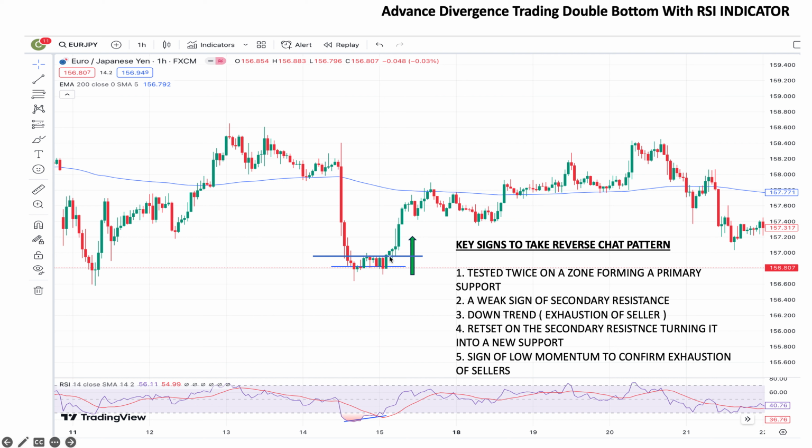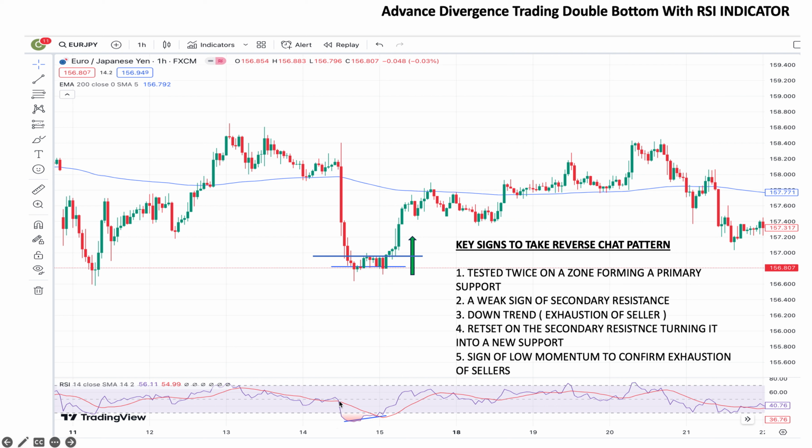And fourthly, you have to look at the retest on the secondary resistance, turning it into a new support. So you can see the price falls on the previous resistance, turning it into a new support. And on the fifth sign, you have to look at your momentum indicator, RSI, and look for a signal of low momentum, a momentum shift, signaling exhaustion of sellers.